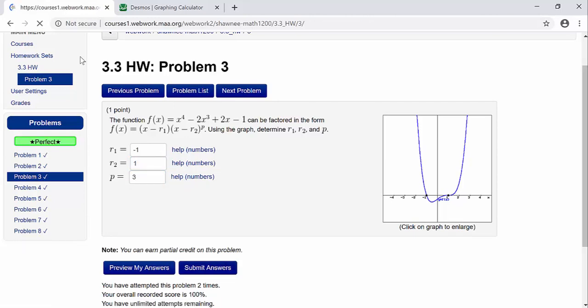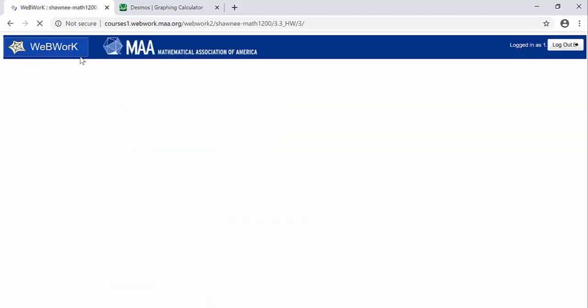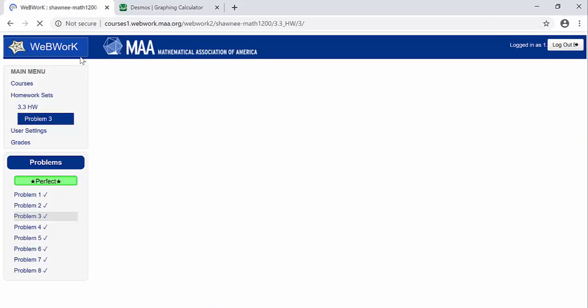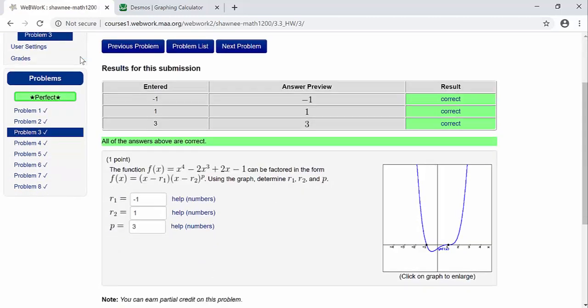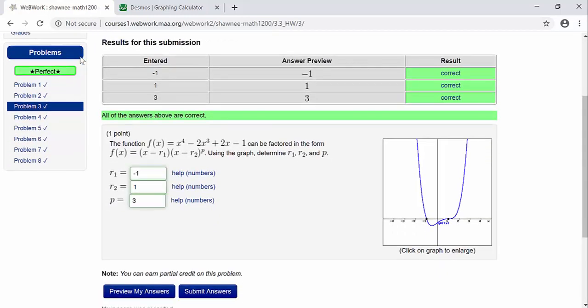And we get a correct answer. So we see that each factor is determined by an x-intercept, and then moreover, the shape of the graph at that determines the power, or the multiplicity, of that x-intercept. Let's move on to number 4.